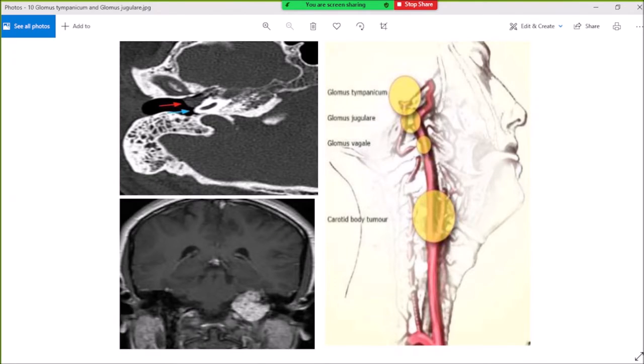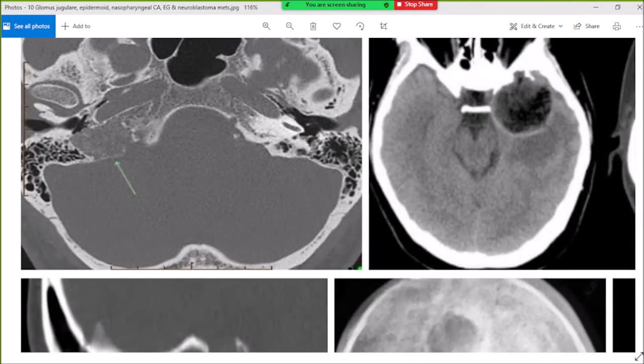You go here. This is glomus tympanicum. And this is glomus jugulare. This is glomus tympanicum, and this is also glomus tympanicum. The mass in here will be glomus jugulare, like this glomus jugulare.